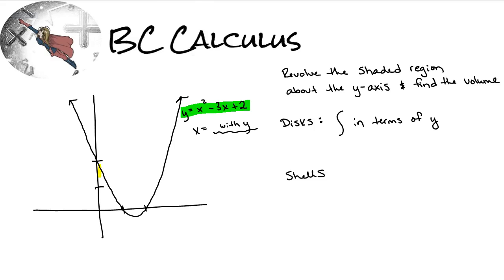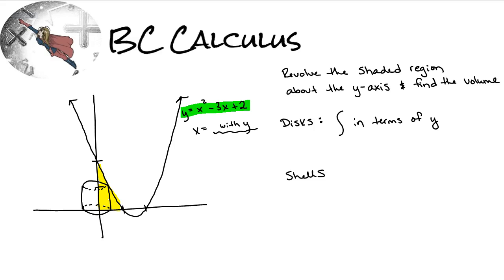So here's our shading again. The reason shells are easier is because we draw a line segment parallel to the axis of revolution. Since we're revolving around y, I can draw a line that runs parallel in the shading, and then it's going to get revolved around the y-axis like this.